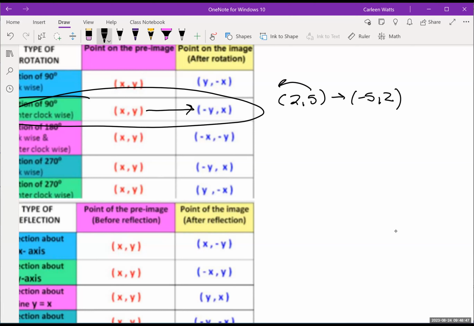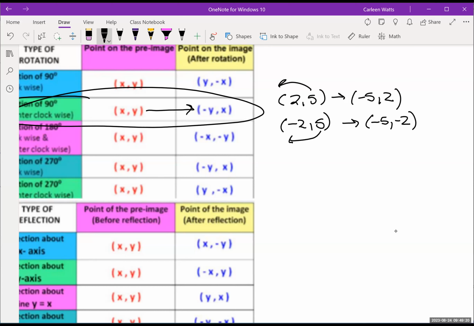Okay. What if it was (-2, 5)? What would that become? Give me a guess. So change order. The one that starts out second and moves to the front is the only one that changes. (-5, -2).